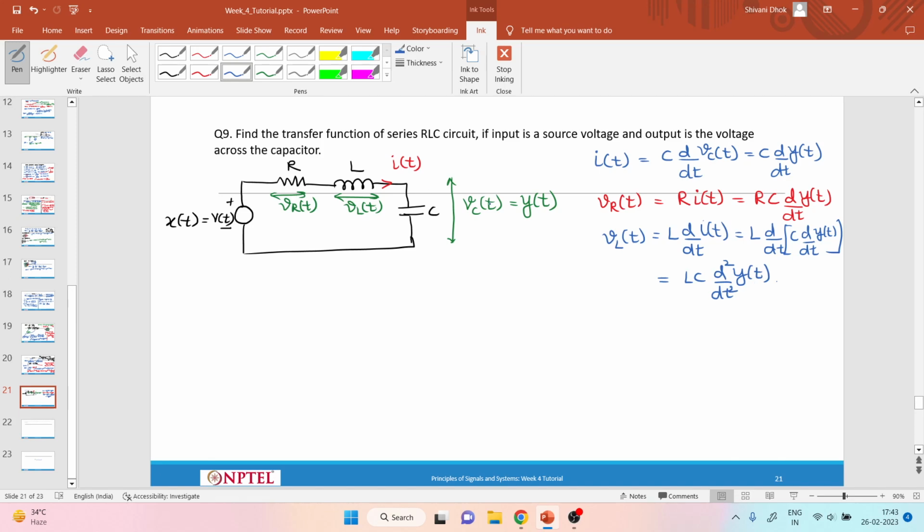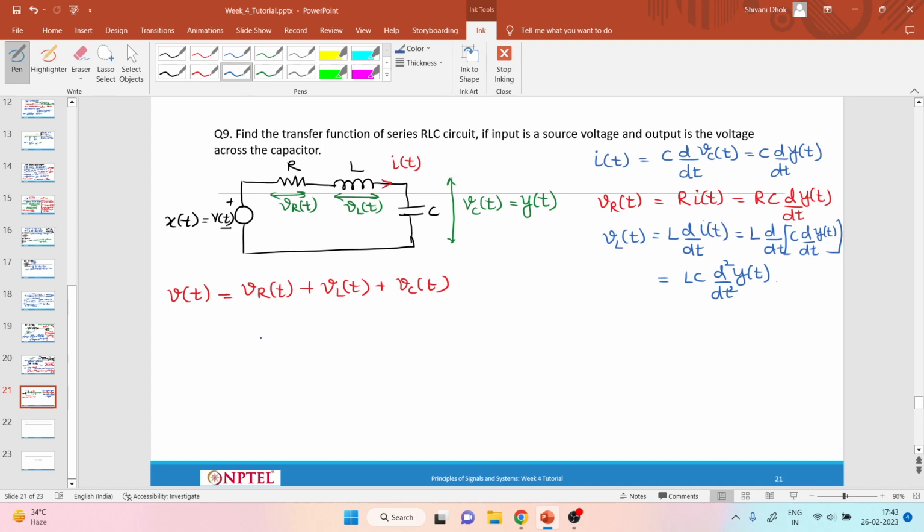Now what we have from KVL, that is the voltage law, is that the source voltage V of t is equal to the voltage across the resistor, VR of t, plus the voltage across the inductor, VL of t, plus the voltage across the capacitor, Vc of t.